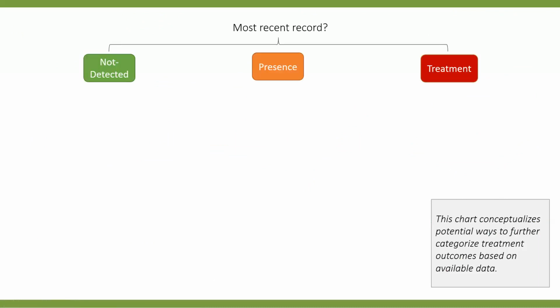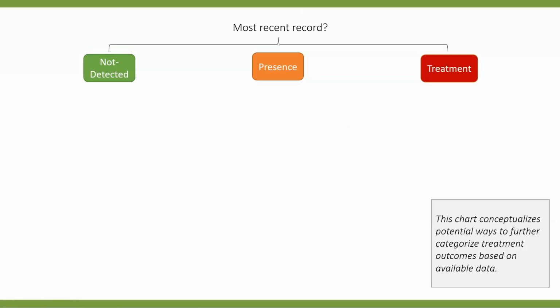Okay, so before we get into the map, I just want to make sure we understand where the map is now versus what kind of outcome categories we're trying to get in the future. Right now, the map will show you basically three treatment outcomes, and they're all based on our IMAP record categories.